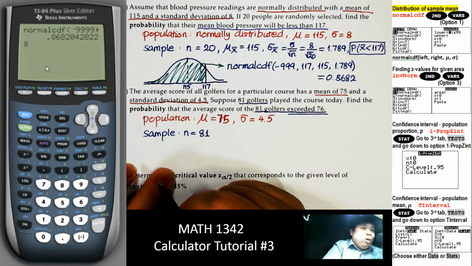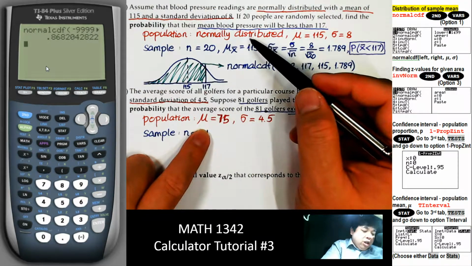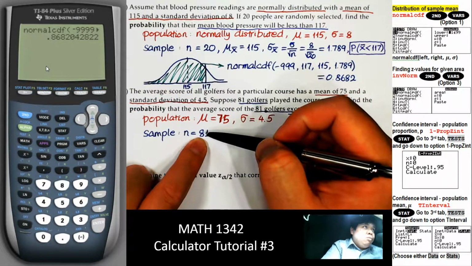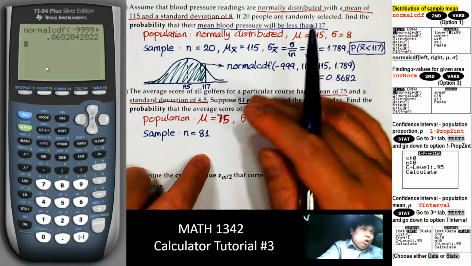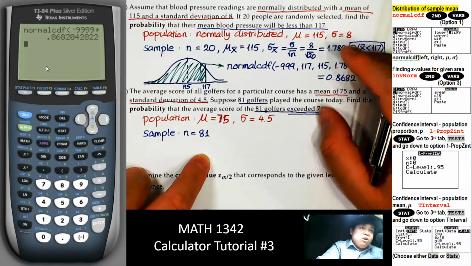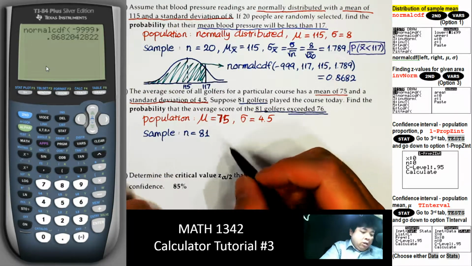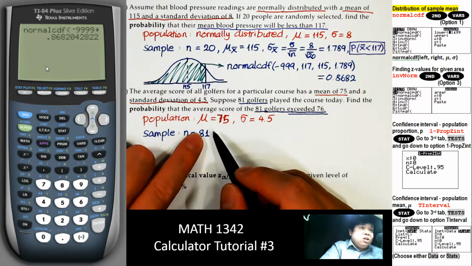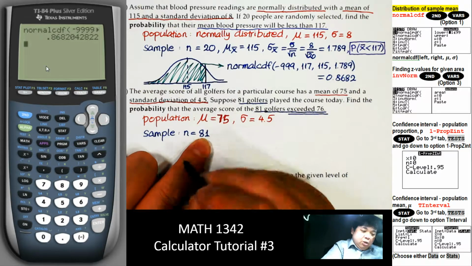Now this is very important. The population, even though it is not normally distributed, but the sample size is big enough, the central limit theorem allows us to do the calculation the same as before. Even though the population may not be normally distributed, it's still perfectly okay because the sample size is bigger than or equal to 30. So that's why it's big enough.